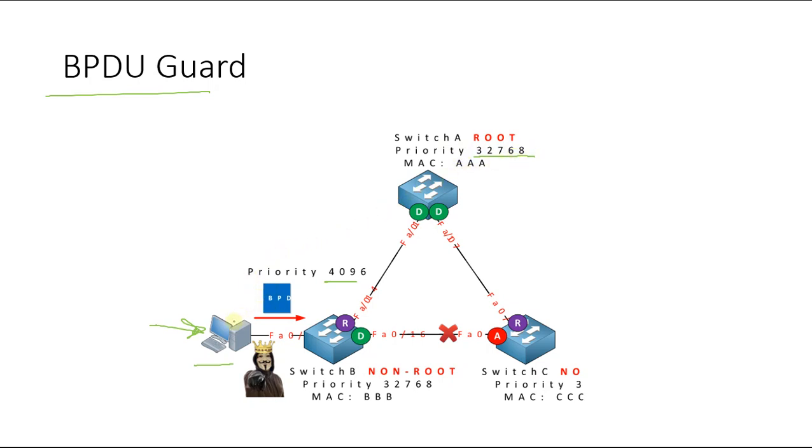So if this PC's BPDU comes to the root bridge, in this example switch A, the root bridge is moving to this PC. This is very dangerous. Our switches will believe that the root bridge can now be reached through switch B, and we will have a spanning tree recalculation. Doesn't sound like a good idea, right? Very dangerous.